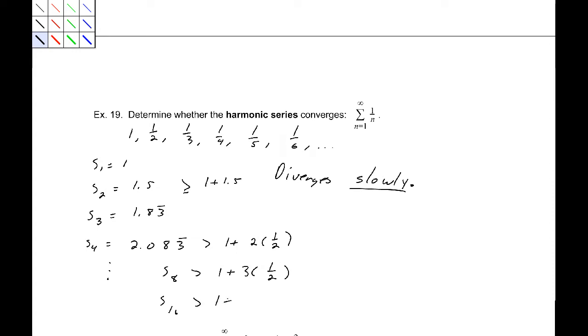S16 is greater than 1 plus 4 times 1/2. So the generic way to write this is S_(2^k) is greater than 1 plus k times 1/2. Now, fairly obviously, this is going to infinity, which tells us that the harmonic series, the sum of 1 over n, diverges.